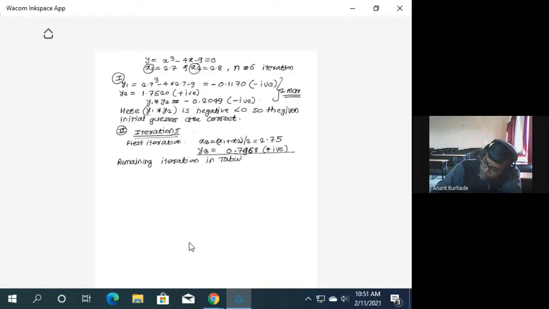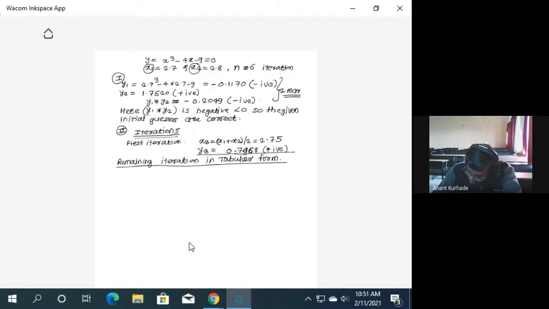This is very important. In the previous syllabus they had to show all iterations in detail, but now you have to show the remaining iterations in tabular form. Now how to calculate, how to put all these values, and how to check the convergence condition step by step for each iteration.